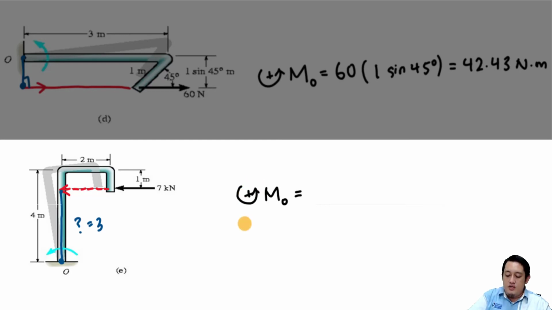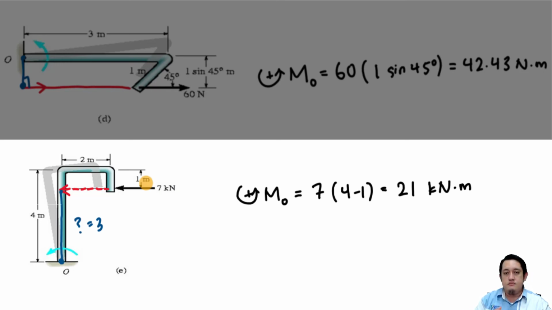So this one will be positive 7 kilonewton multiplied by the distance 4 minus 1, which is 3 meter. So the answer will be 7 times 3, 21. But be careful. What is the unit of the force? This one is kilonewton, and the distance is in meter. So kilonewton meter. That's it.